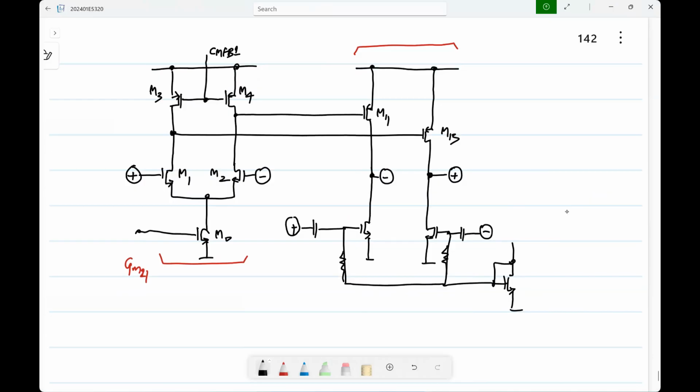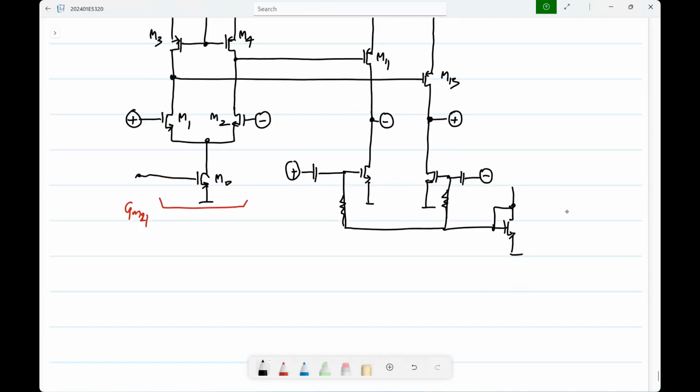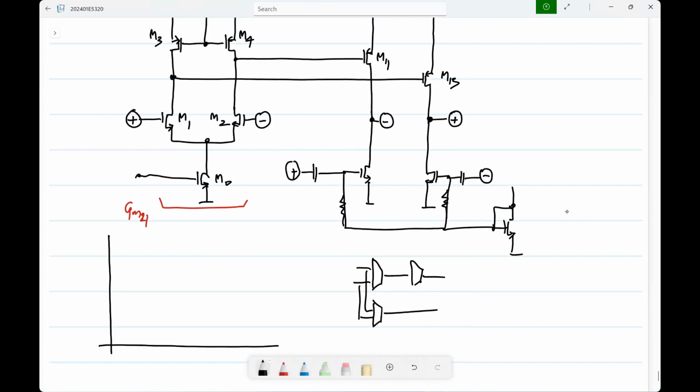Okay, you understand? So what happens is, I'm just showing the single-ended picture here. If you had everything DC coupled, okay, so this is GM21, GM22, GM1.